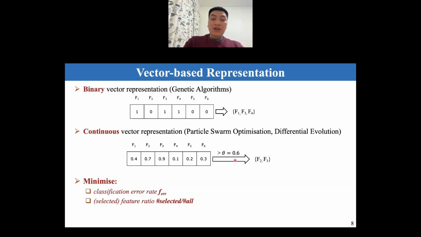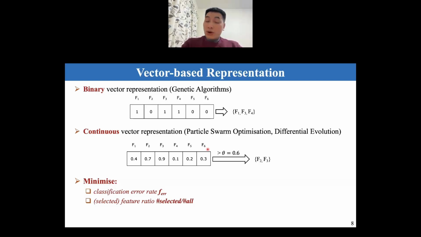So in this case, we set theta to 0.6, right? And then based on the entry values, only 2 features, F2 and F3, are selected. And this continuous representation is mostly used by particle swarm optimization and differential evolution, right? So that is about the representation.